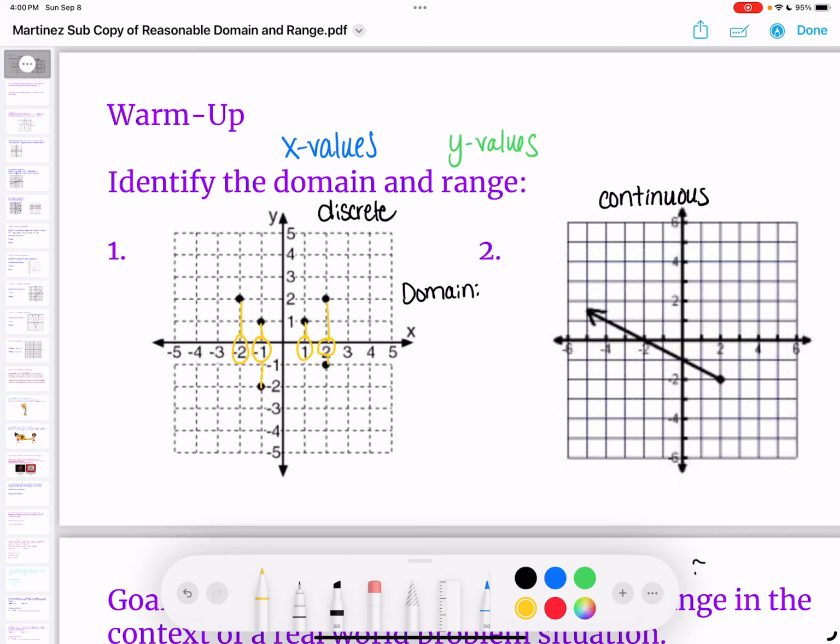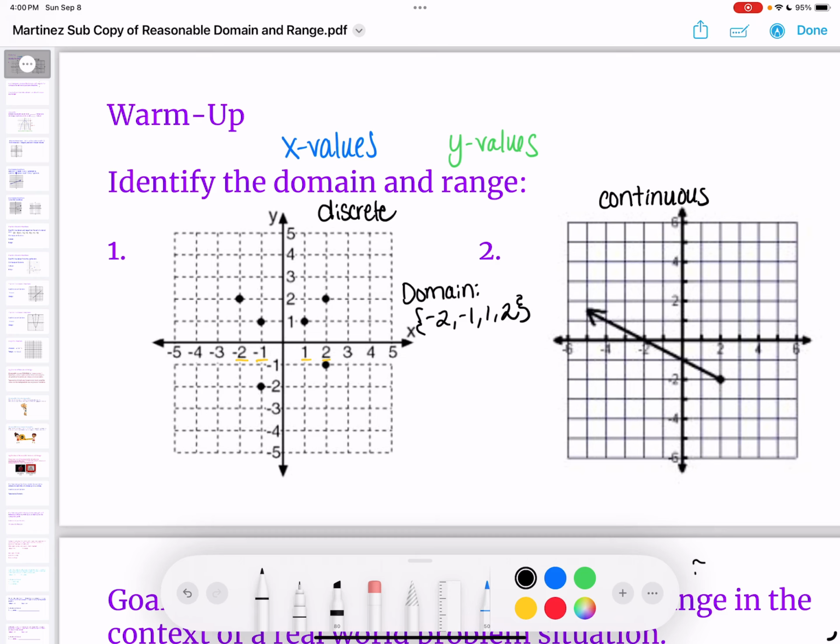Okay? So I'm going to write that down in order. So I have a -2, -1, 1, and 2. Go ahead and put the brackets. Make sure they're the fancy ones.